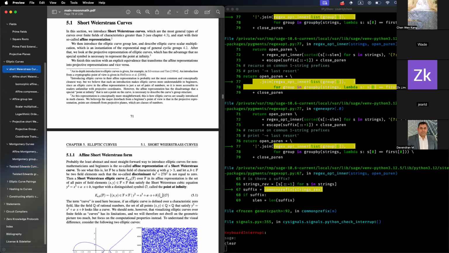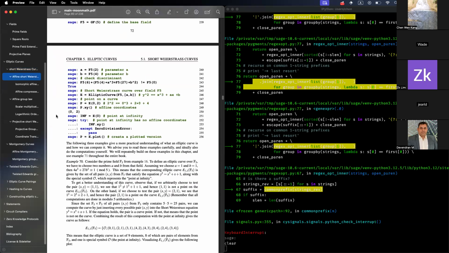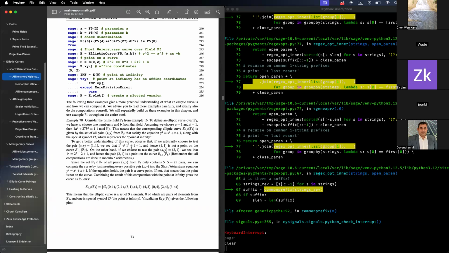So okay, short Weierstrass curves. Here we talk about this, actually we talk about all of this, because they are pairing friendly, right? All of the curves we describe here are pairing friendly, but short Weierstrass is quite slow to compute.